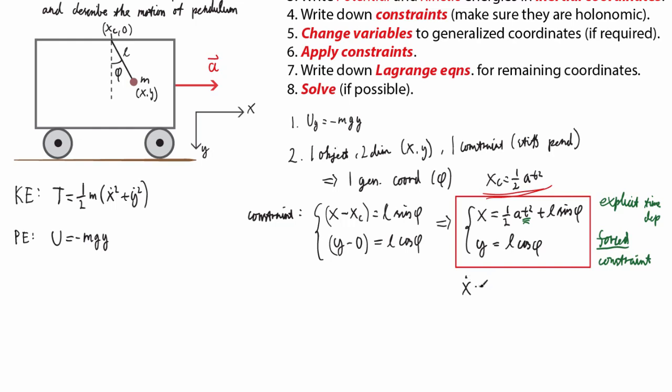So x dot is a t plus L phi dot cosine phi, and y dot is just L phi dot times minus sine phi, put the minus sign in front. All right.